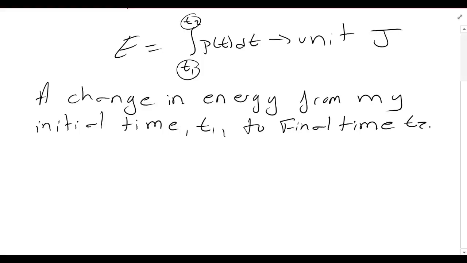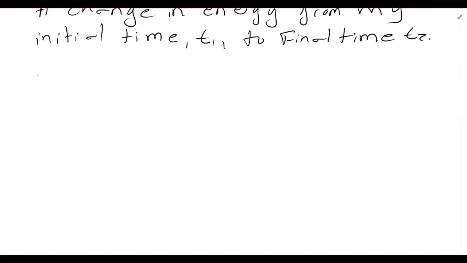Let's do an example. This is going to be called energy from power. We're actually going to begin the same way as we began the last example in the last video. I'm going to set up a circuit element with current and voltage.